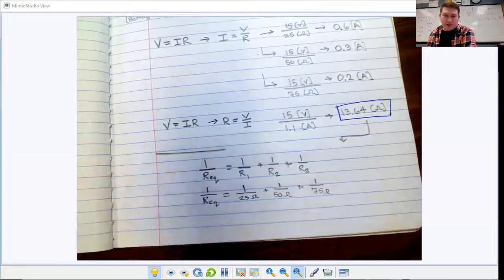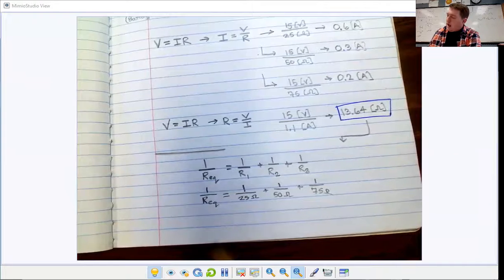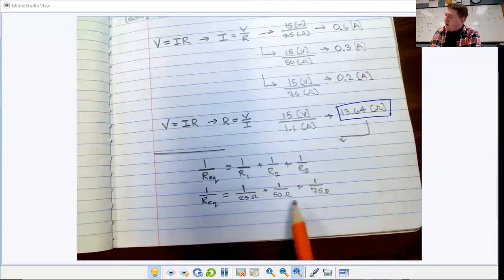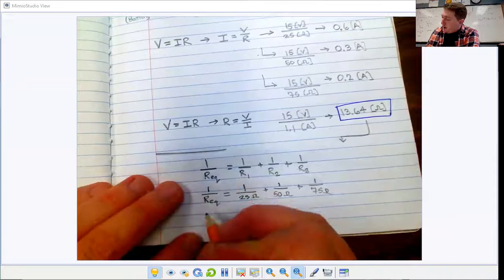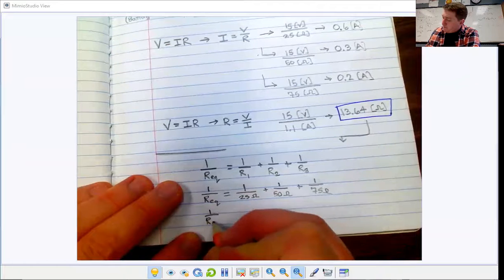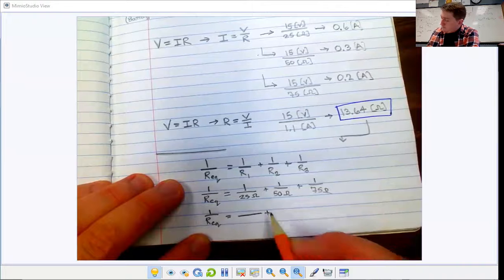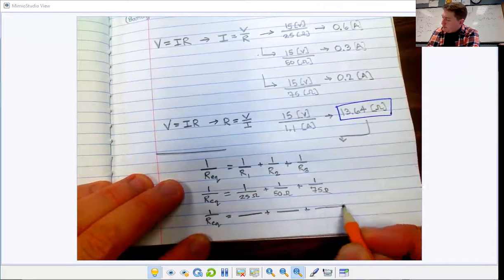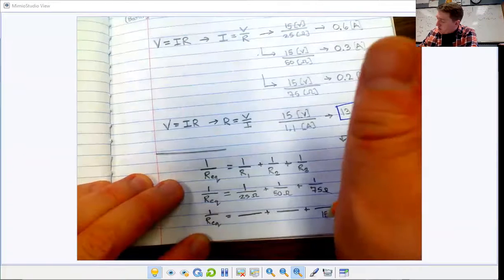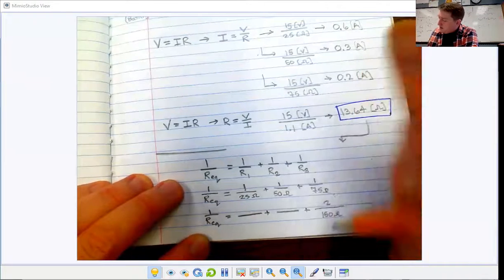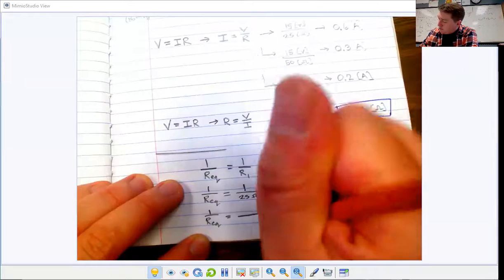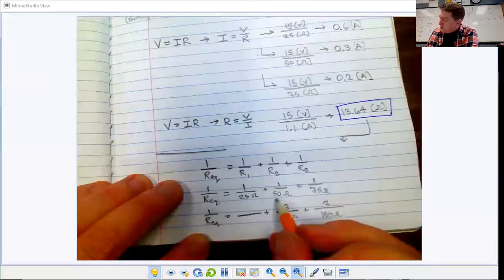Now, these are 3 fractions. I can't add fractions unless I have a common denominator. A good number that would be a great common denominator would be 150. Because 75 can go into 150 twice. 3 times into 150 can 50 go.